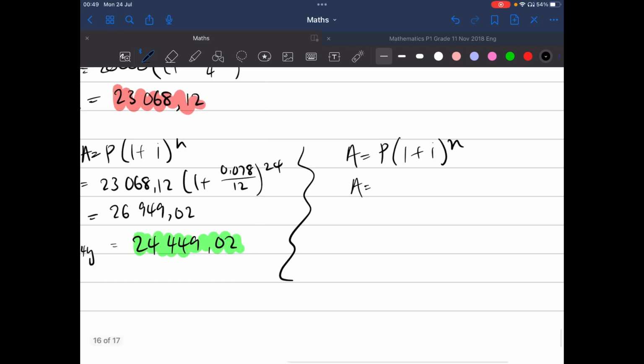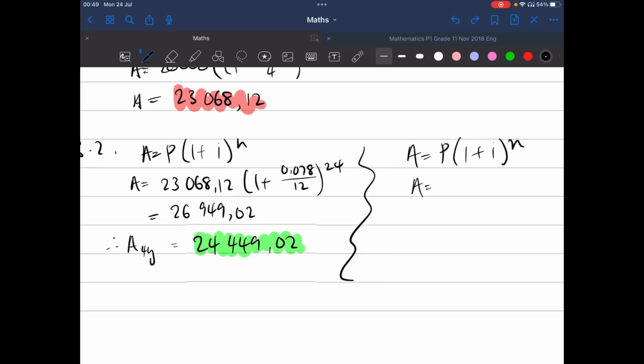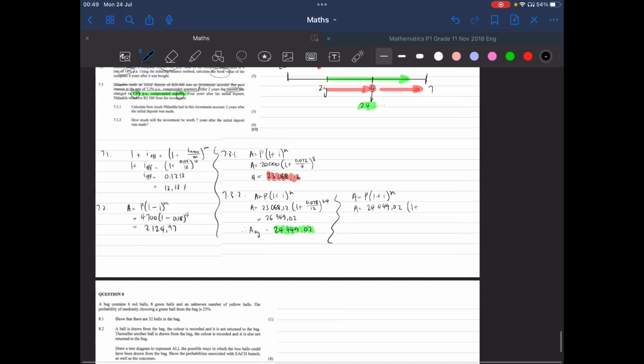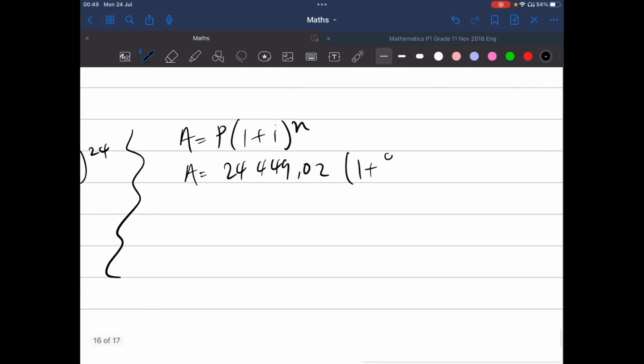A is equal to, and our principal amount is now this. Okay, so 24,449.02, (1 + i), and remember the interest rate hasn't changed, so this is still 0.078 over 12, and now it's for 3 years times 12. Okay, so 3 times 12 is 36.